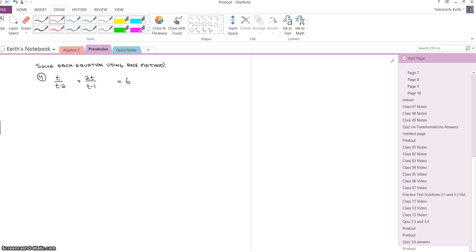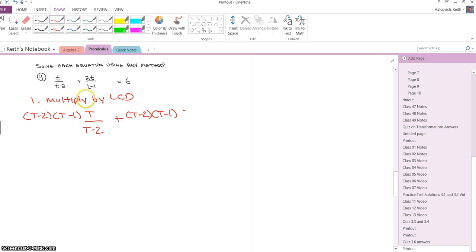The third type of equation here, remember, is a rational equation, so remember you multiply by the LCD. The LCD here is t minus 2 times t minus 1. Multiply each term by that.